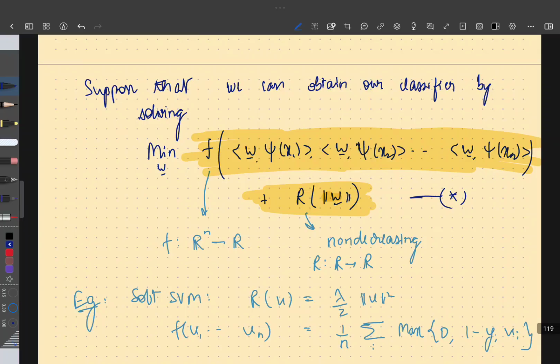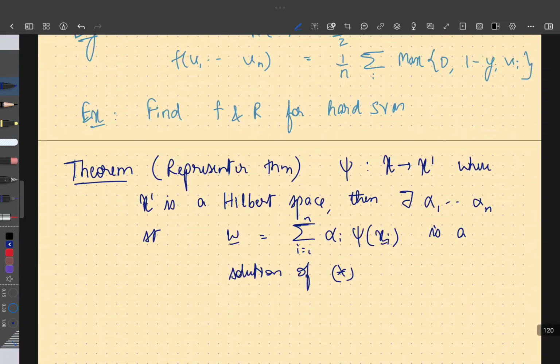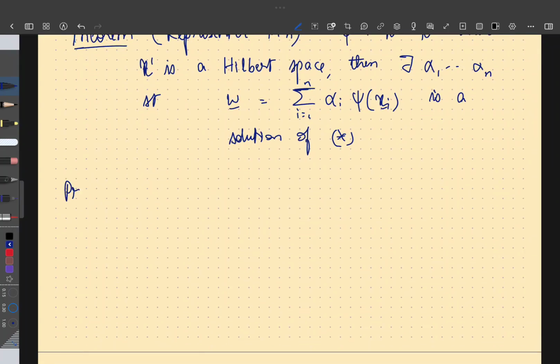But remember that we are operating under a more general framework where f is any arbitrary function and r is any non-decreasing function, not just the soft SVM or the hard SVM objective. All right, so let's say that W star is any arbitrary solution for the minimization problem.